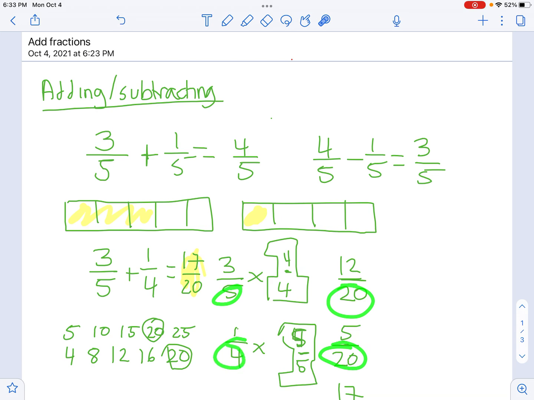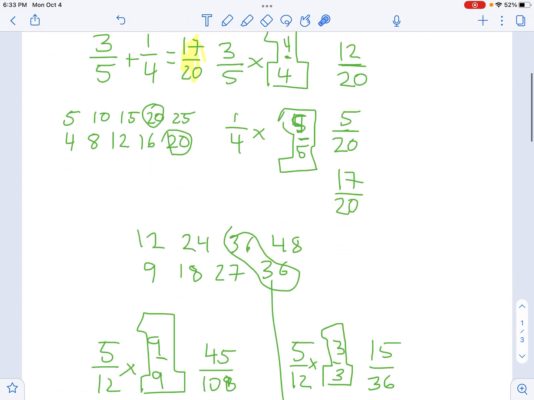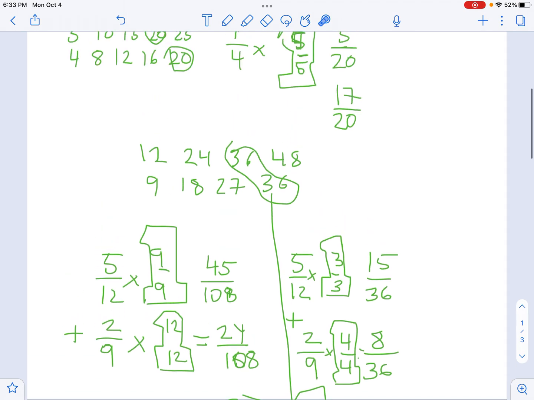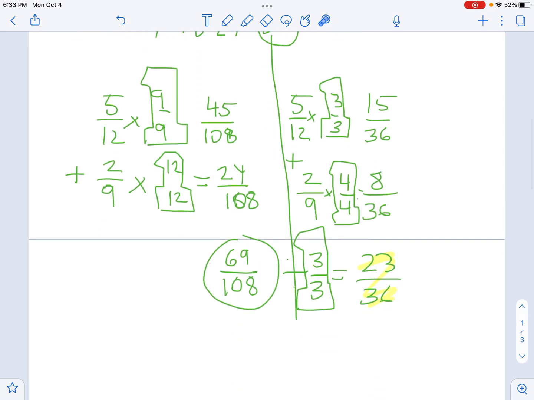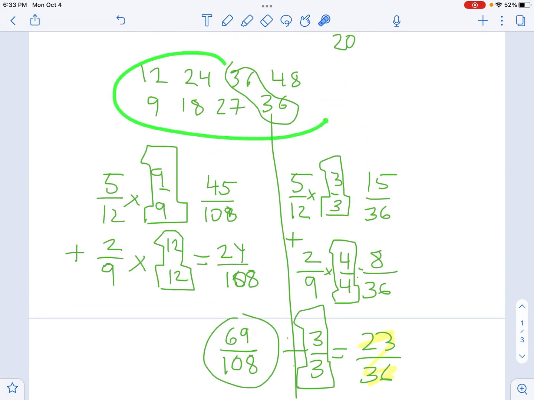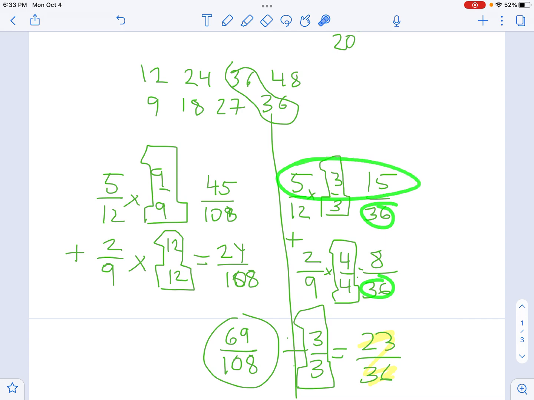So if it's 5 and 4, the common denominator is 20, and I would multiply by 4 over 4. If I have a more complicated one, like 5 over 12 plus 2 over 9, I find the common multiple by listing out all the multiples, and then I make that the common denominator, and then I have to change my numerator to fit the common denominator. And that's how you add and subtract fractions.